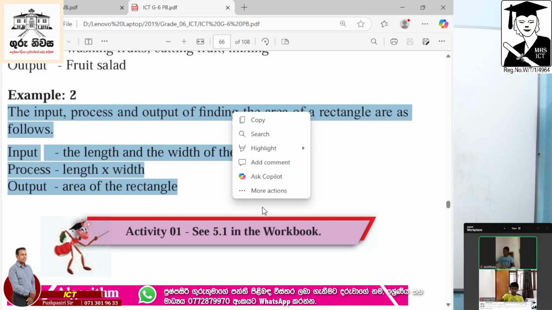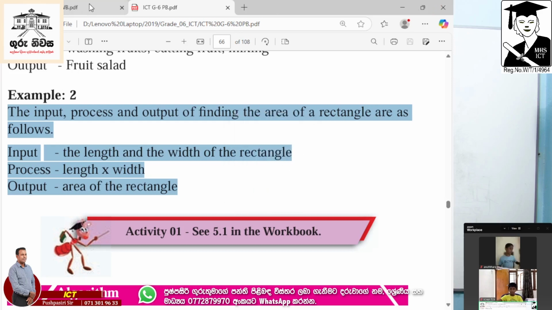Right. Let's go to that activity. Go through the activity 1 5.1.